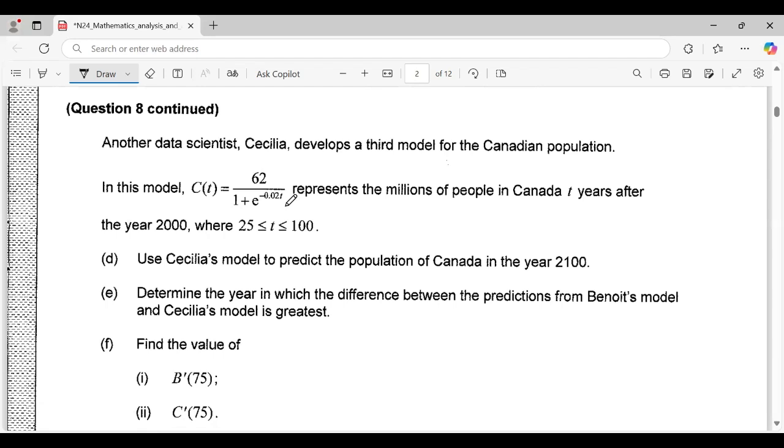Use Cecilia's model to predict the population of Canada in the year 2100.